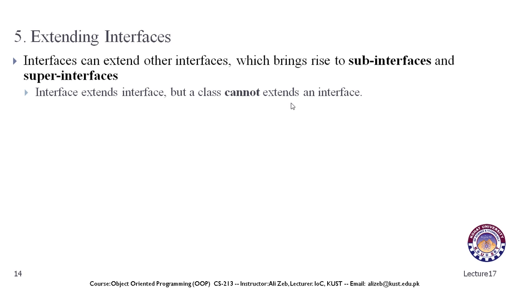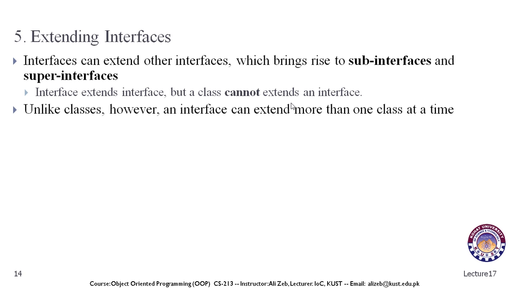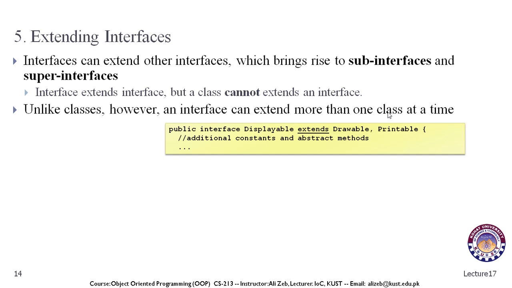Unlike classes, however, an interface can extend more than one interface at a time. This needs to be corrected: an interface can extend more than one interface, as opposed to classes. So we have a public interface Displayable that extends Drawable and Printable.